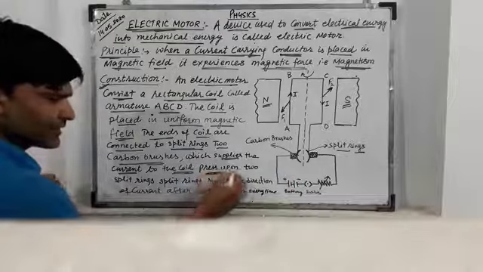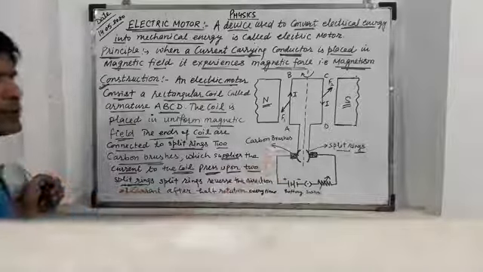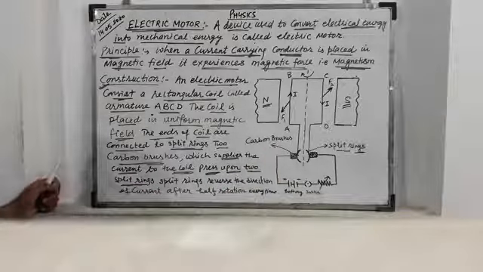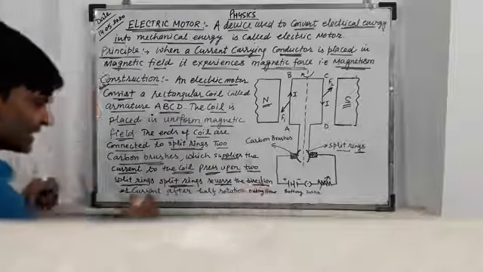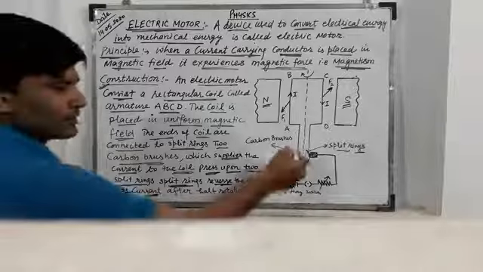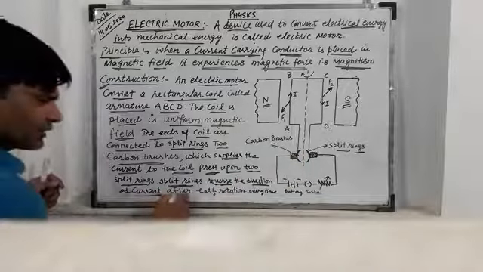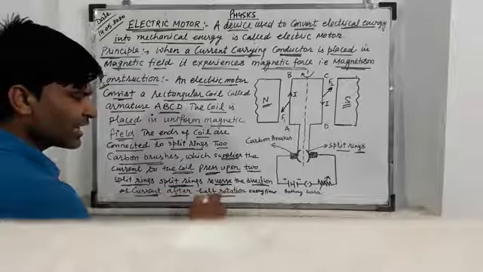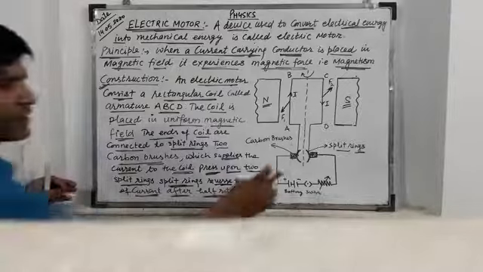Carbon brushes press upon the two split rings. You can see from the diagram, the split rings reverse the direction of current after every half rotation.